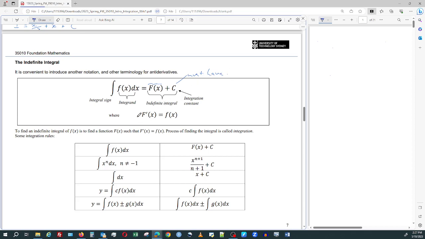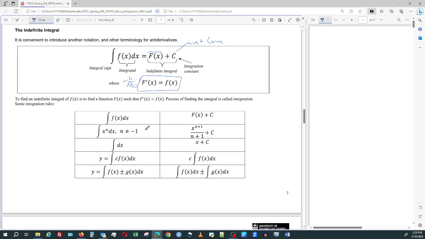And I'll just point this out. The differential of this is the function itself. So that's like the inverse operation happening. That's undo. So for each of these, what we've got is where n's not -1. Now, what's this mean? Integral of a blank is the integral of the number 1.